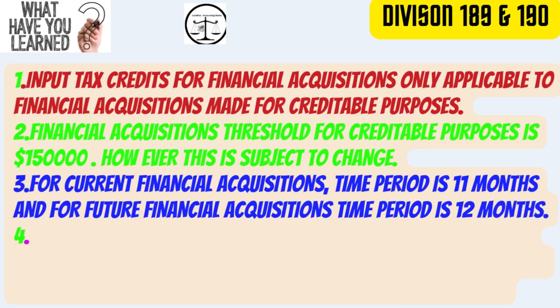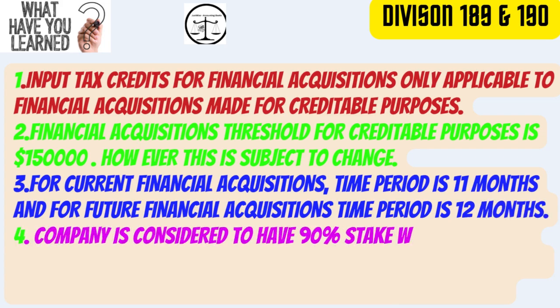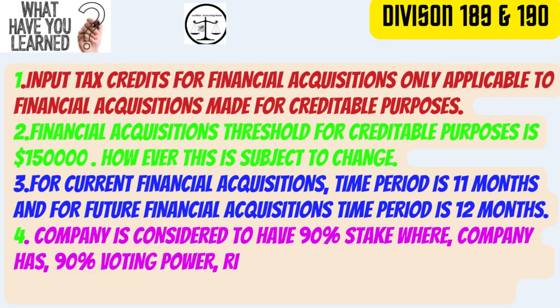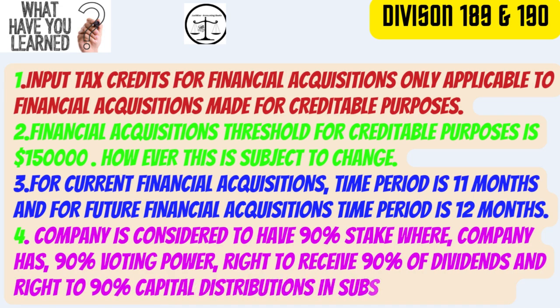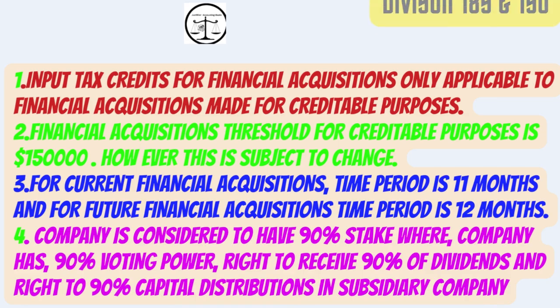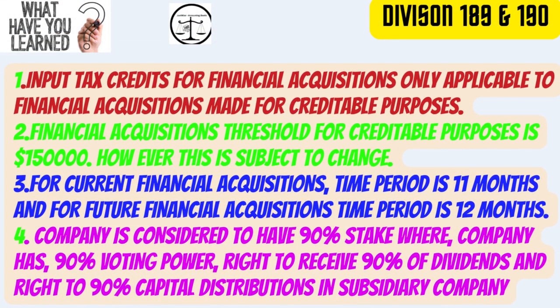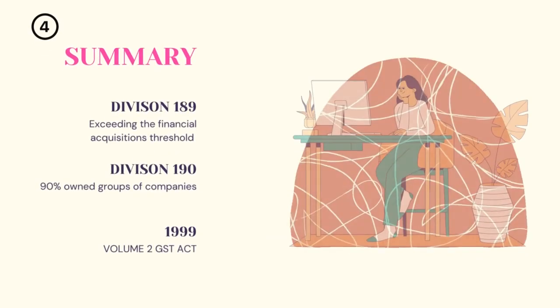However, this amount is subject to change. 3. For current financial acquisitions, time period is 11 months, and for future financial acquisitions, time period is 12 months. 4. Company is considered to have 90% stake where company has 90% voting power, right to receive 90% of dividends and right to 90% capital distributions in subsidiary company.